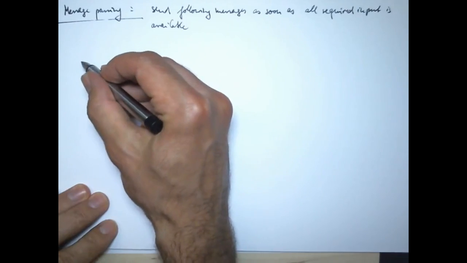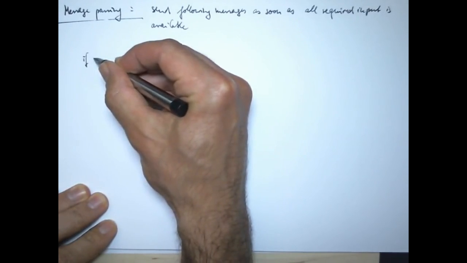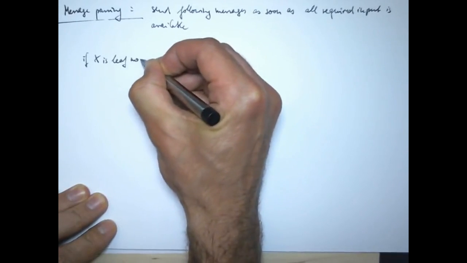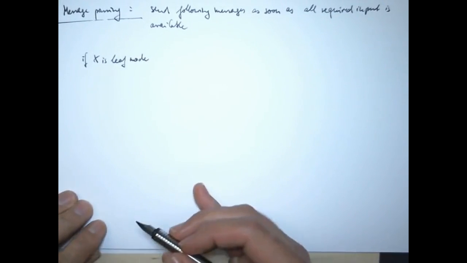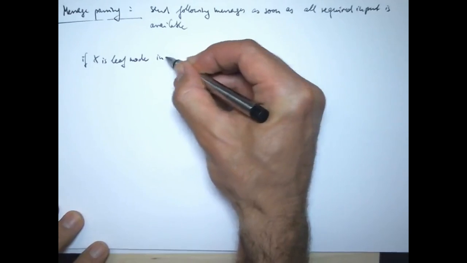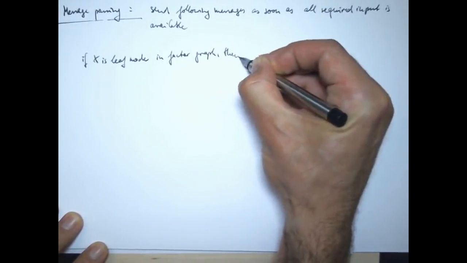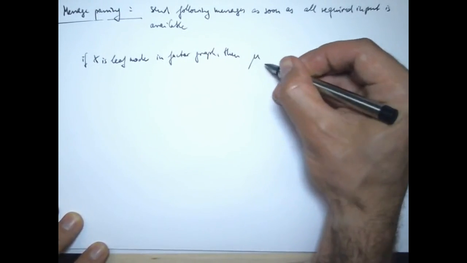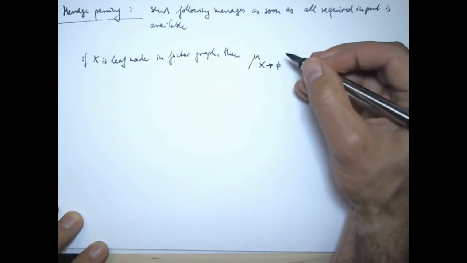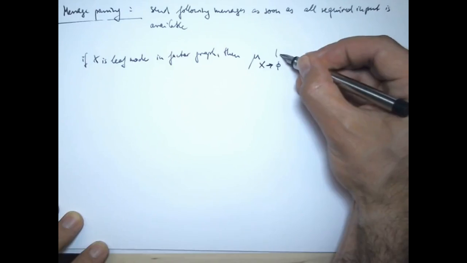We say that if my variable x is a leaf node, like in this example, that was the variable k, then the message we send out from this variable to its factor is 1.